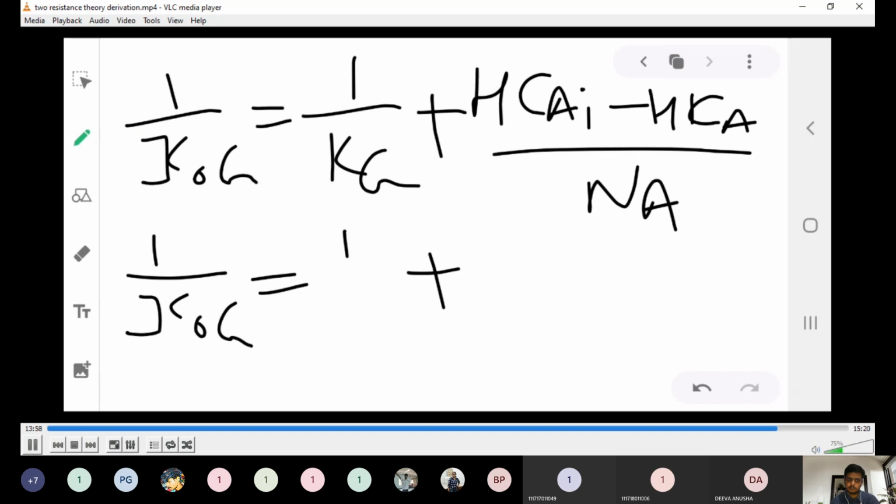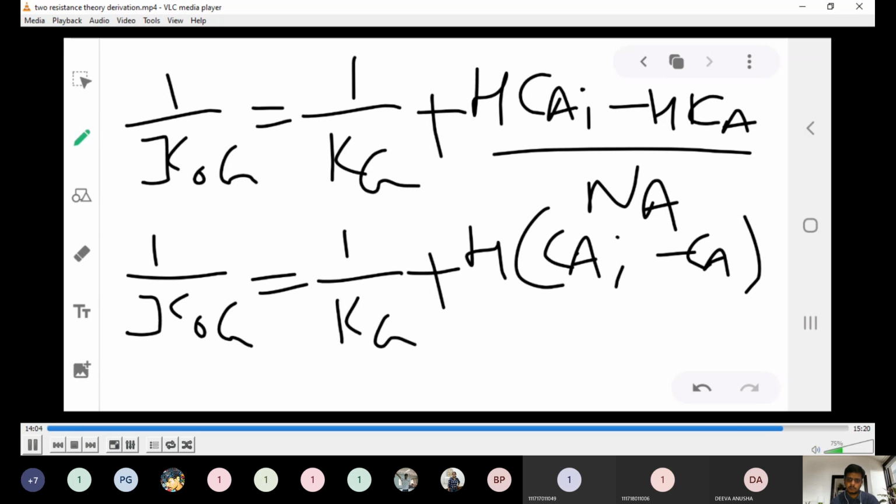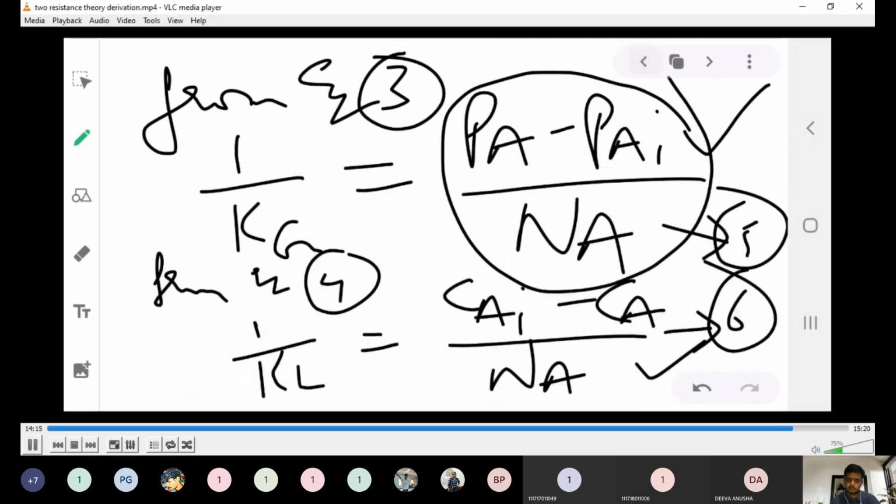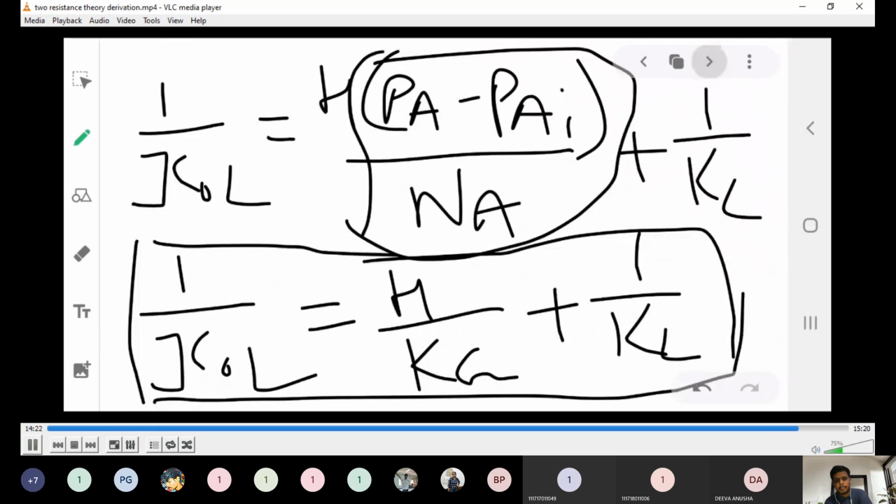So 1 by KOG is equal to 1 by kg plus H times CAI minus CA by NA. From equation 6, I guess, this one, CAI minus CA by NA is nothing but 1 by KL.